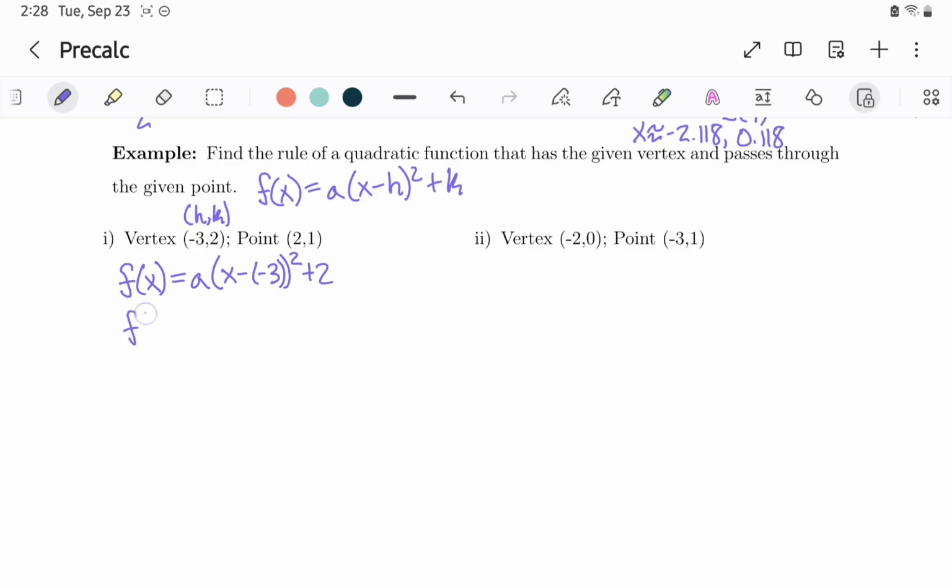Or in other words, f of x equals a times (x plus 3) squared plus 2. And now we want to solve for a.